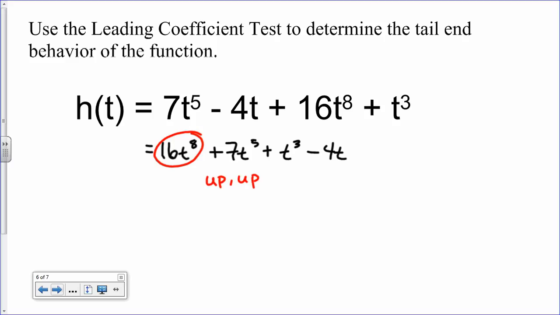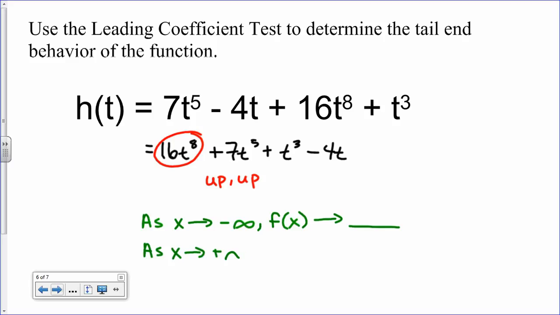And now let's write that out. This will be the same as the last example. So start off with negative infinity. That's describing the left side, and then positive infinity describes the right side. So up, up would be, what would I fill in here?